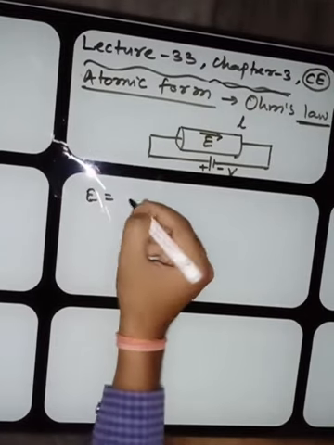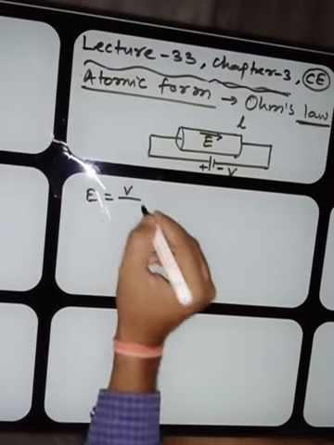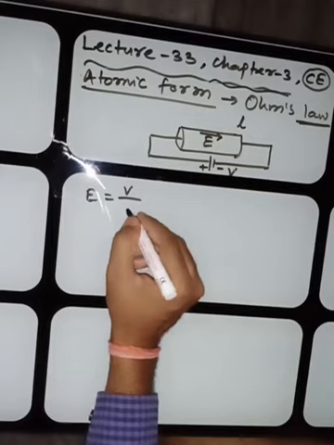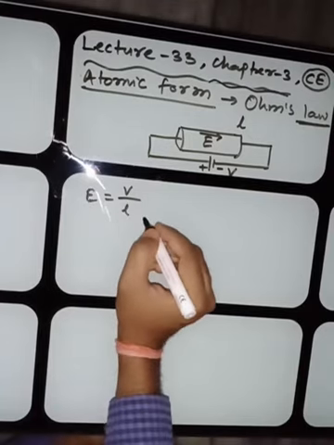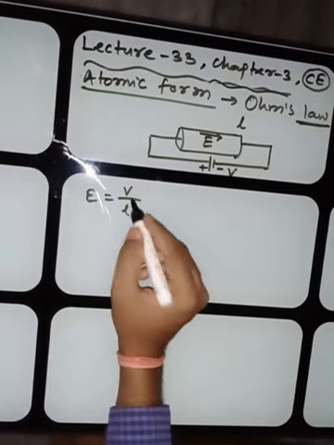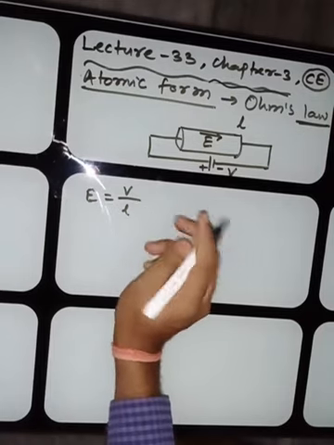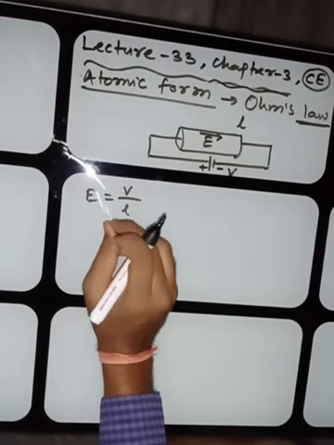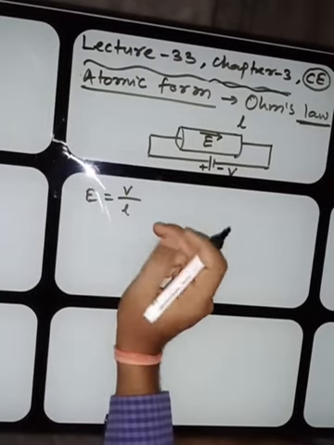That is also called the electric field. E equals V, the potential per unit length, L. Actually, it was written E equals minus dV by dx. That minus sign we are ignoring here, using the magnitude. E is equal to V by L.